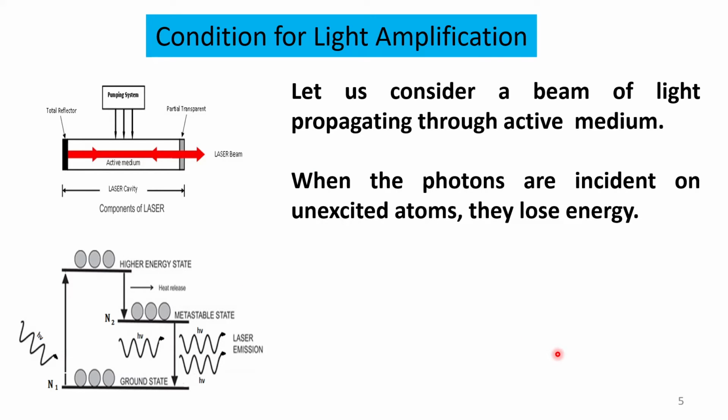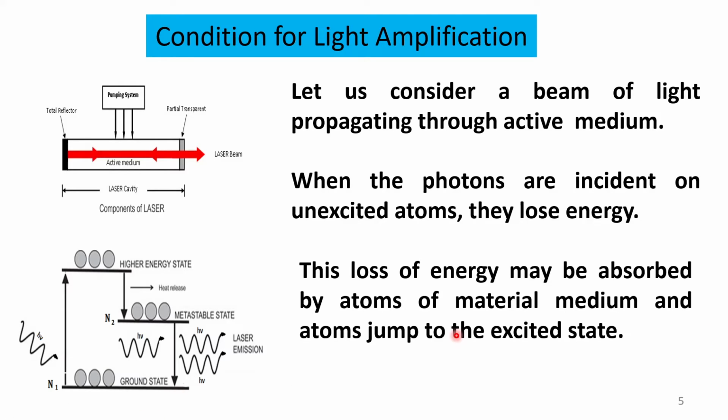Now let us consider a beam of light propagating through the active medium. When the beam is incident on the unexcited atoms which are in the ground state energy, the incident radiation loses its energy.